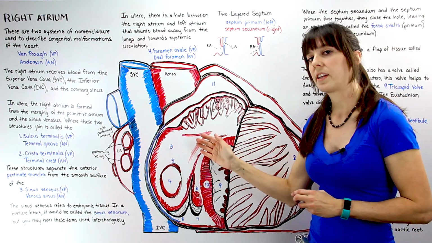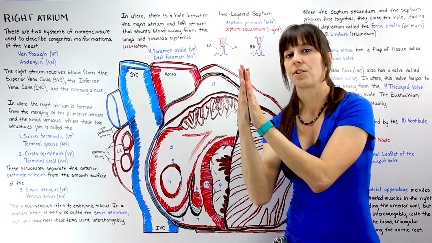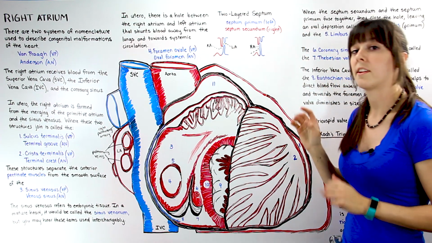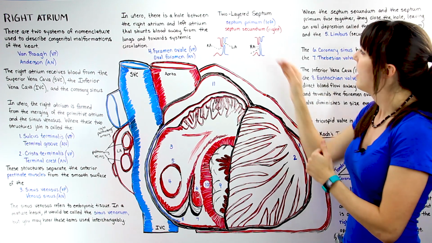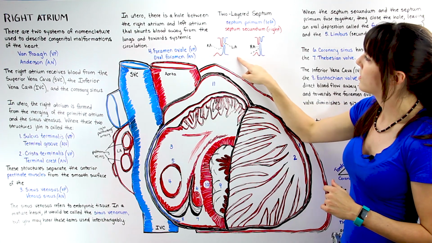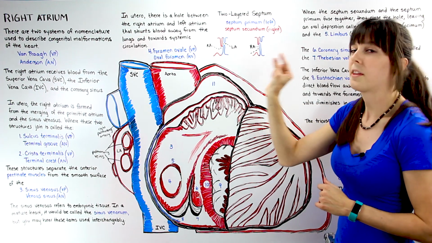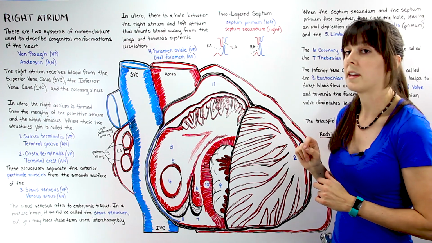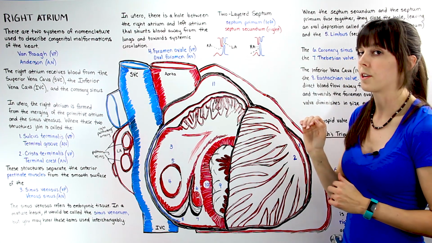So the septal wall here actually has 2 layers to it. And the way that it works is the septum primum, which is on the left atrial side, and the septum secundum, which is on the right atrial side, are sitting right next to each other, but they have a little bit of a gap so that blood is able to flow in between them from the right to the left atrium.